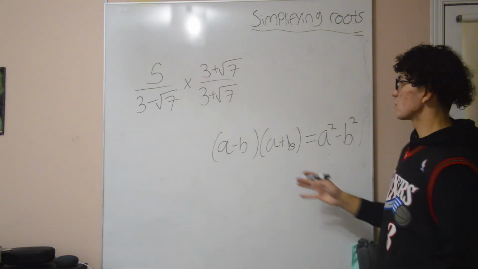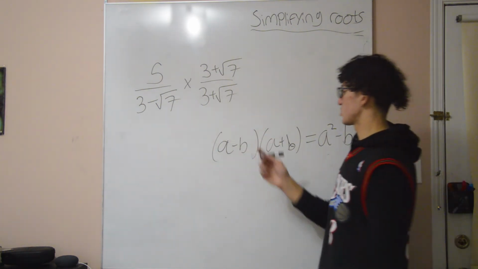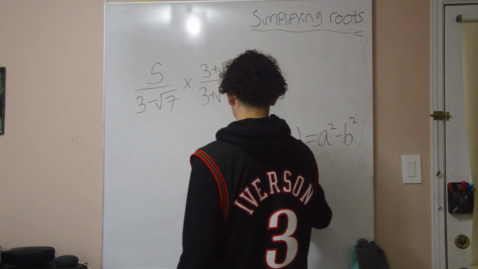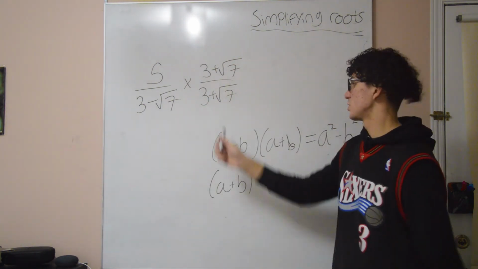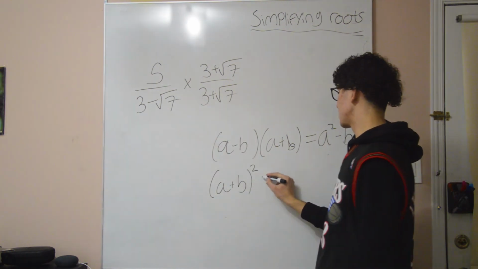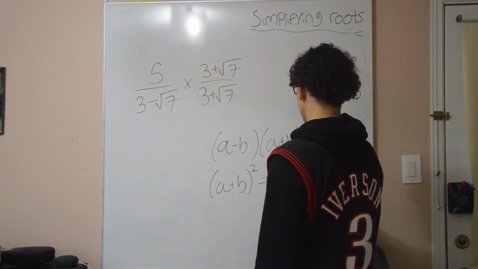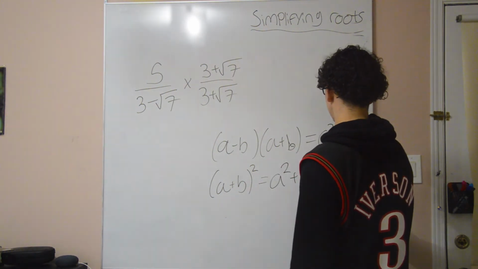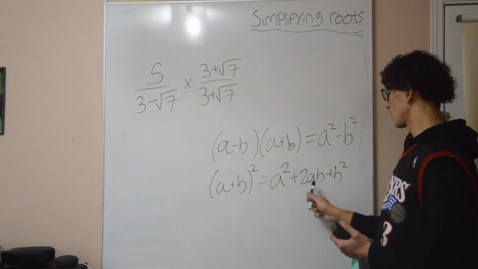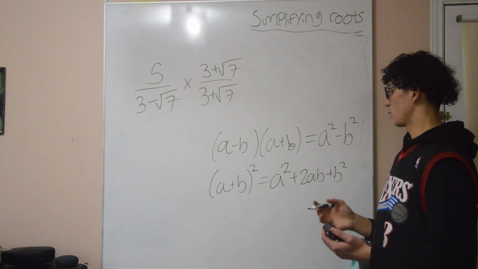And the reason we do this is because, as I just showed you in the other one, a plus b squared, which was essentially multiplying it by 3 minus root 7, a plus b squared is equal to a squared plus 2ab plus b squared. This 2ab is what was the problem for us.